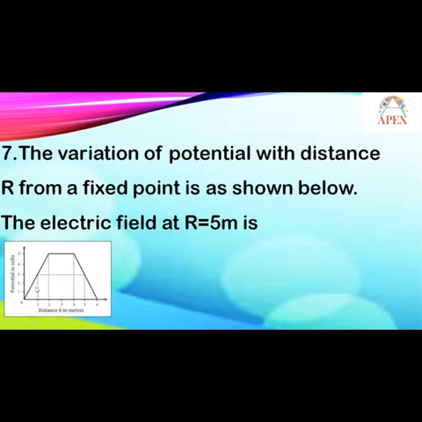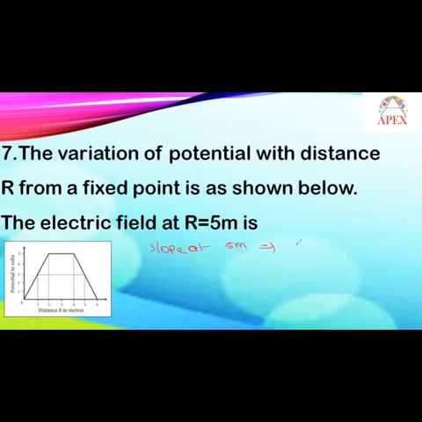And electric field is nothing but change in potential by change in distance, that is minus dV by dr. That means the slope of this particular graph indicates the electric field intensity. And here they are asking us to calculate the electric field intensity at 5 meters. 5 meters in the sense at this particular point. At this particular point, calculate the slope, the slope at 5 meters.